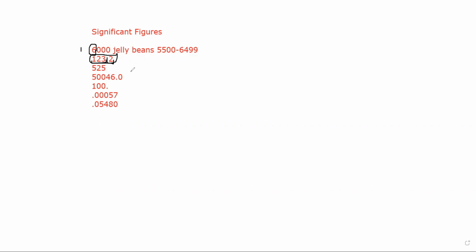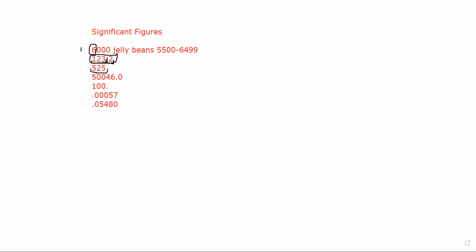So even though I could say it was 123.245763217, none of those numbers after the 2 mean anything because I didn't measure those. I can say that I estimated them, but I didn't really. I just threw out a bunch of numbers. With 525, we've got 3.